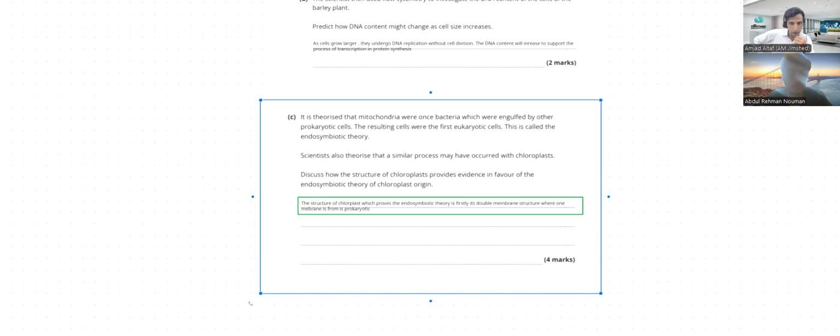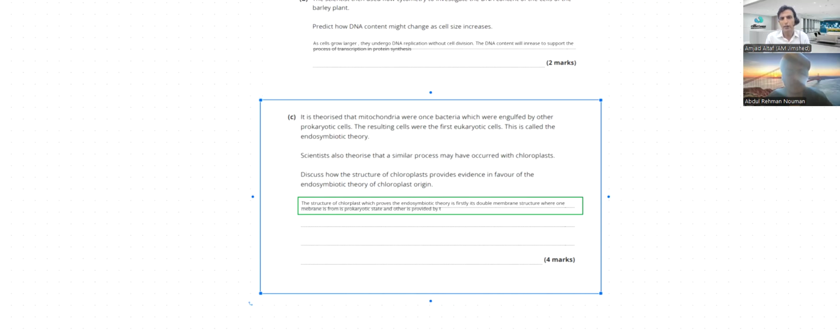We have one membrane from the prokaryotic state.